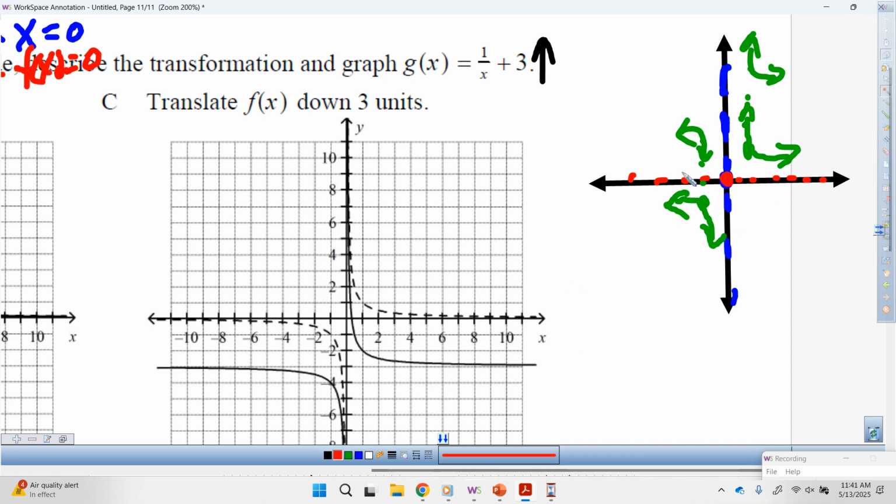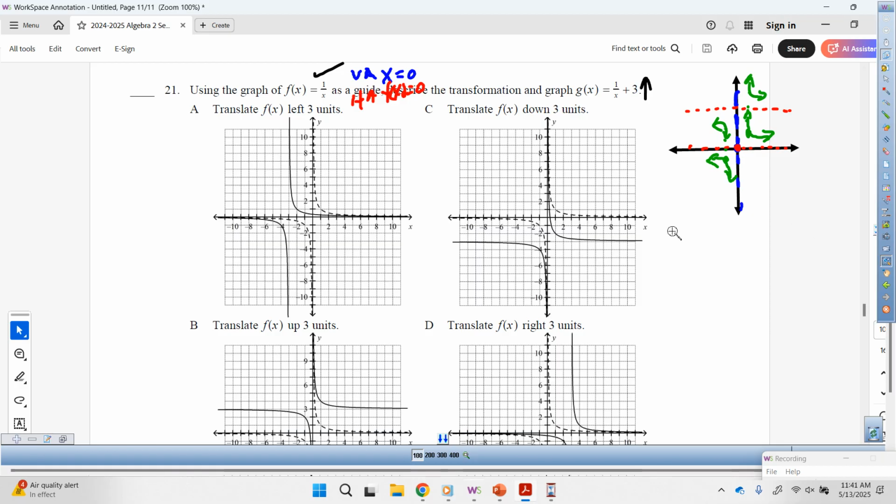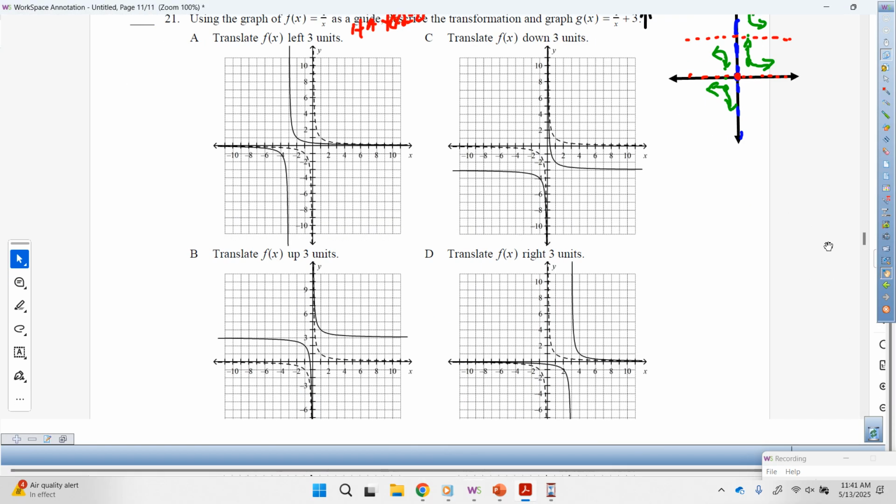My asymptote goes through there. So it moves up. So, let's match it. Which of these moved up? Tell your neighbor, which of those moved up? Correct answer is B. It even says there, up 3 units.